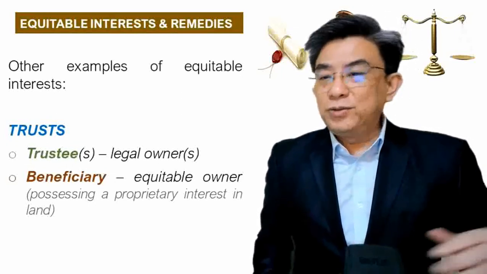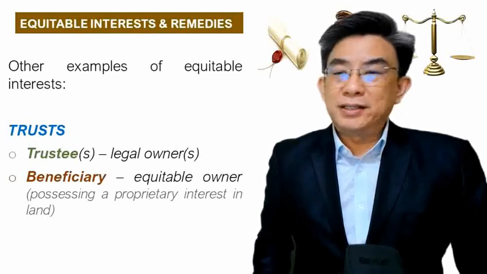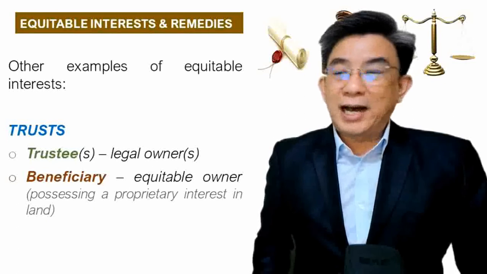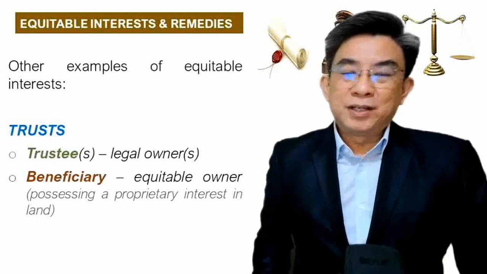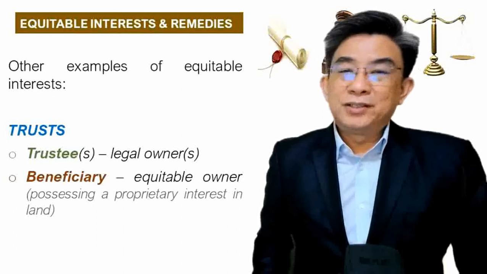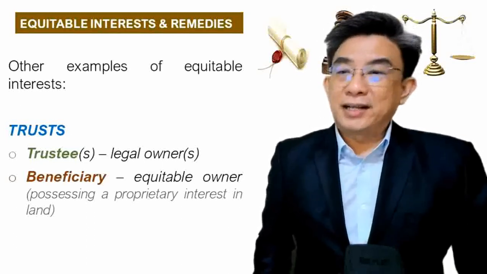So in day-to-day examples, what we always see is a guardian: say the parents pass away leaving behind properties for their minor children. Then the uncle or auntie will step in as the trustee and the guardian.